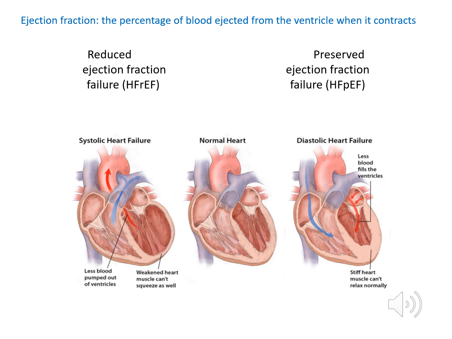So the ejection fraction is preserved, right? Ejection fraction should still be good because the ventricle can still contract just fine. The problem is it can't fill with very much blood. So we call diastolic heart failure preserved ejection fraction failure because it does fine in ejecting the blood. It just doesn't fill properly. Does that make sense?